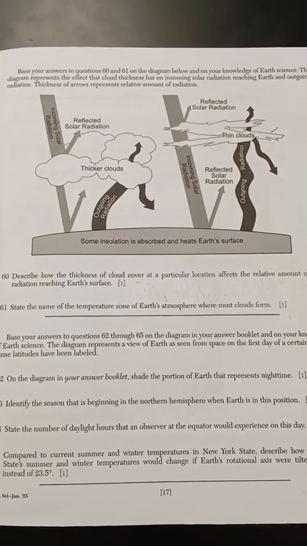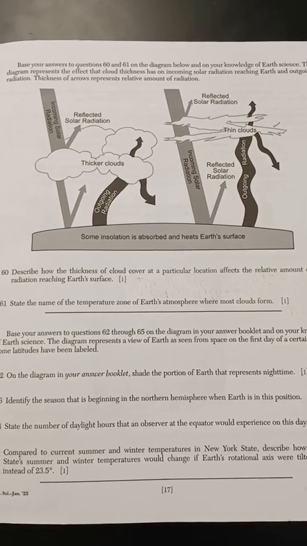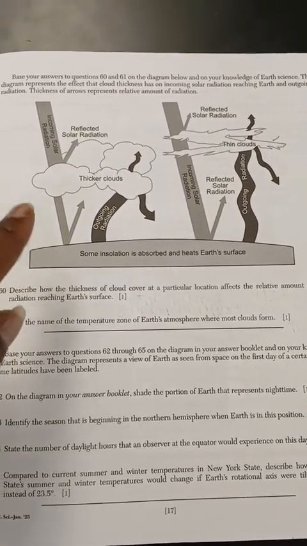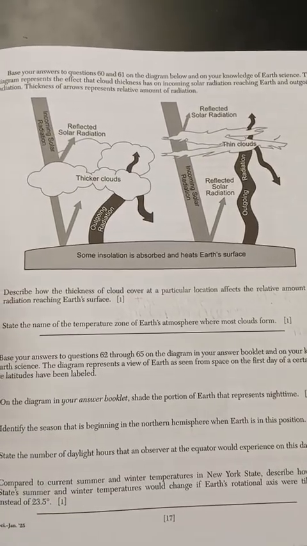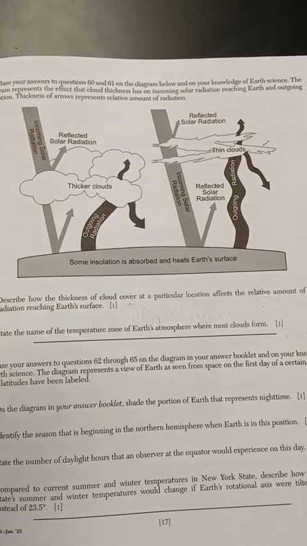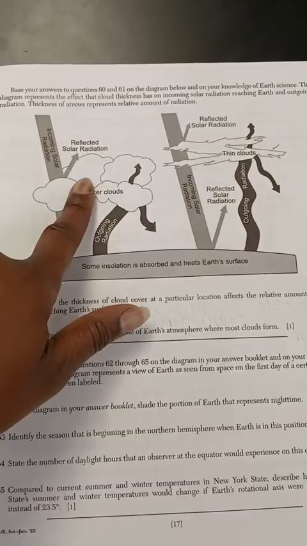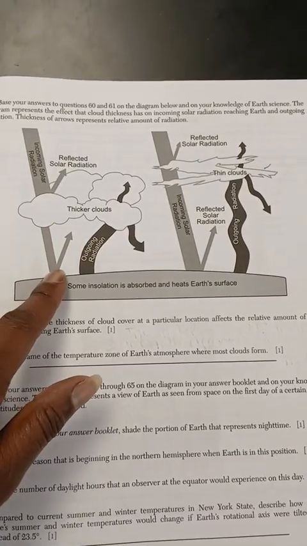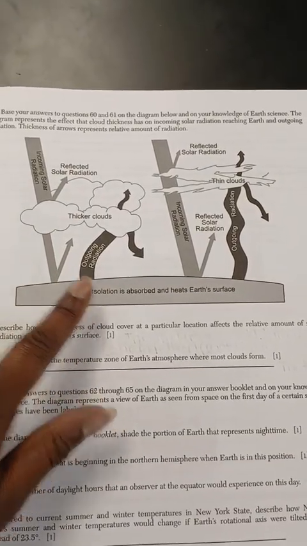Thickness of arrows represents the relative amount of radiation. So in the diagram, they're showing you how much energy is going to come from the sun, how much will be reflected back into space, or how much will be coming in and being absorbed by the surfaces.